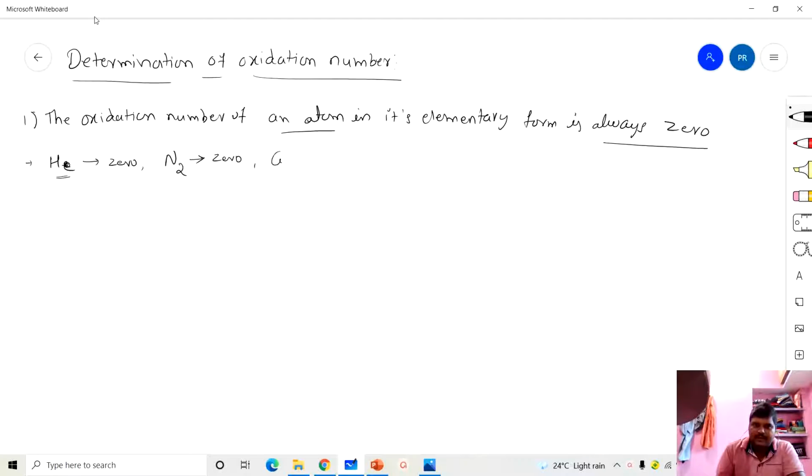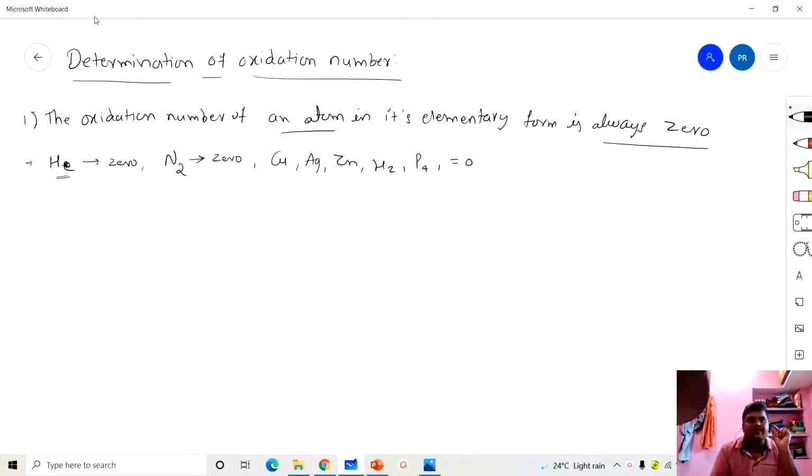If you take copper or silver or zinc or hydrogen or phosphorus, whatever you take, its oxidation number in its elementary state or elementary form is always equal to 0.